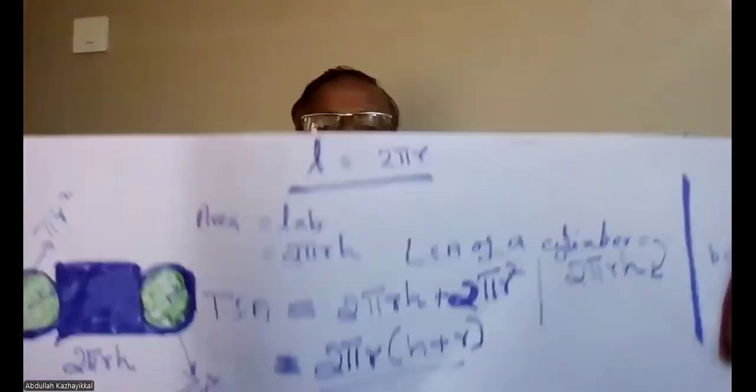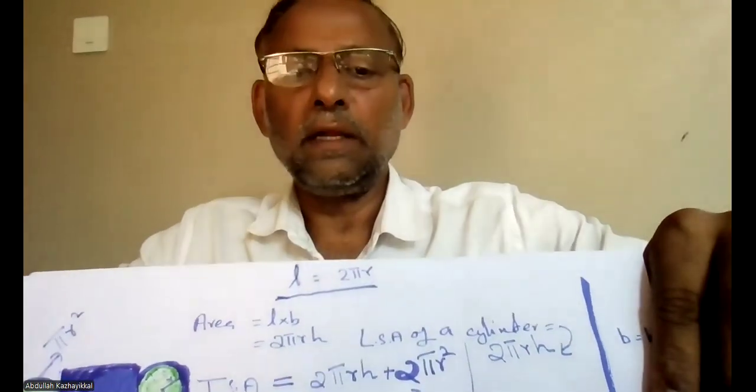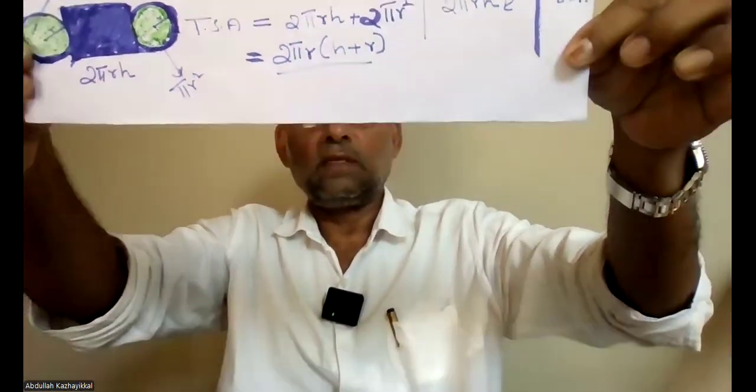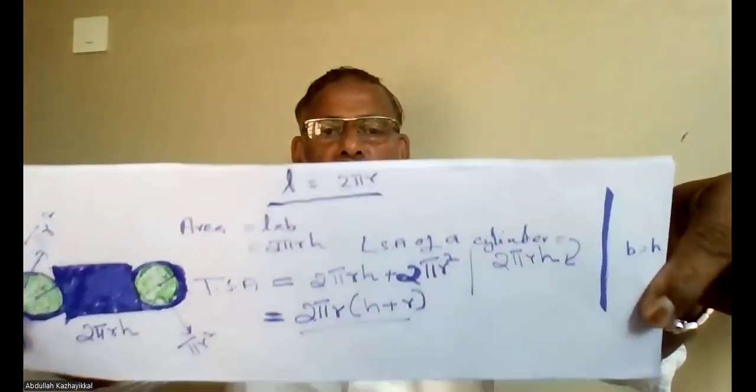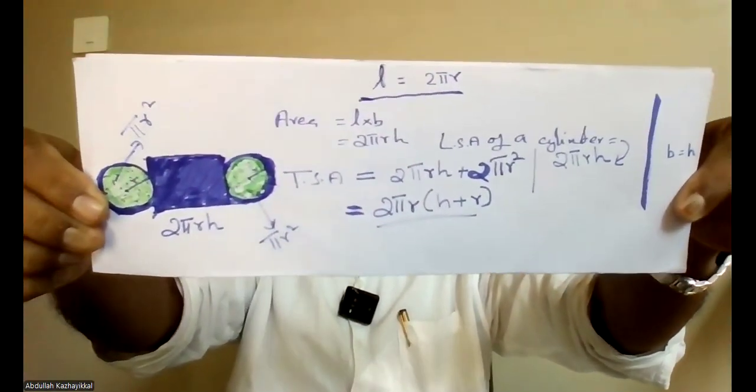You want the lateral surface area? Lateral surface area of the cylinder is this rectangle. What is the area of a rectangle? L into B, right?